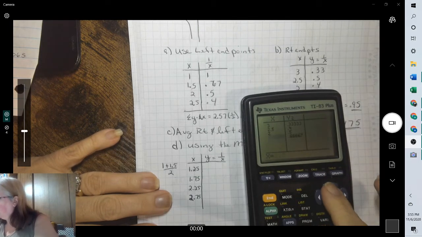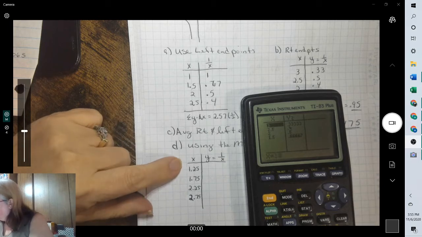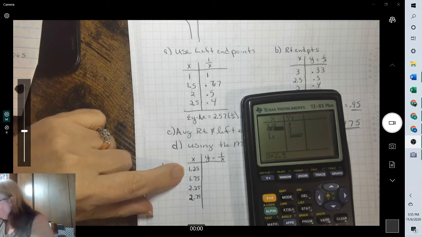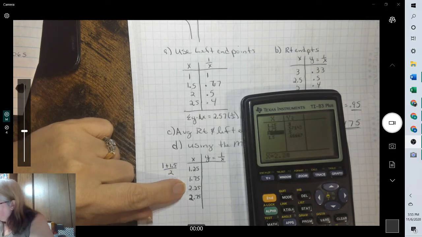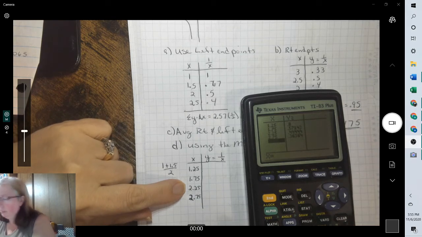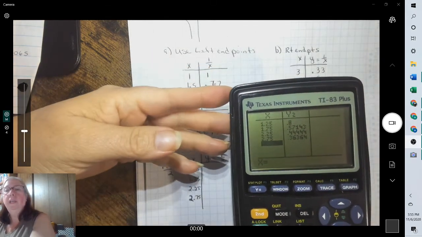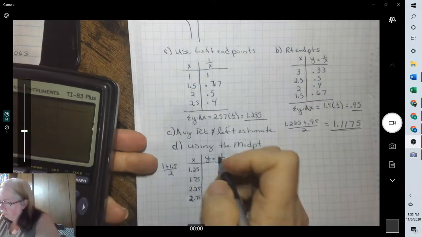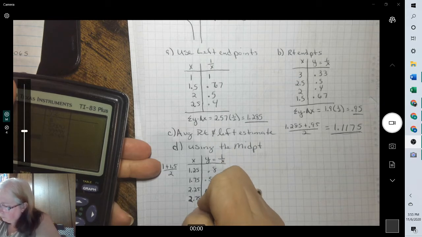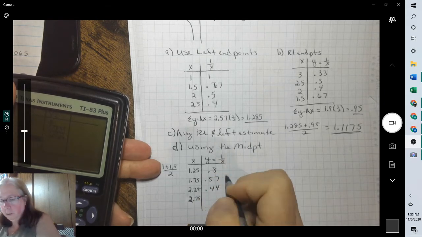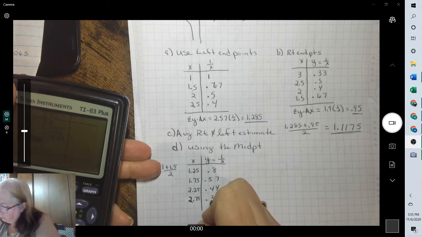So then we go back up, we put 1 1/4, 1 3/4, 2.25, 2.75. And I rounded everything to 2 decimal places. So we have 0.8, 0.57, 0.44, and 0.36.